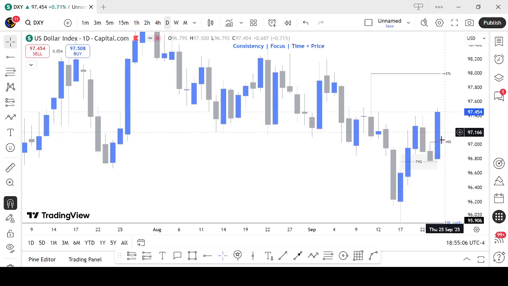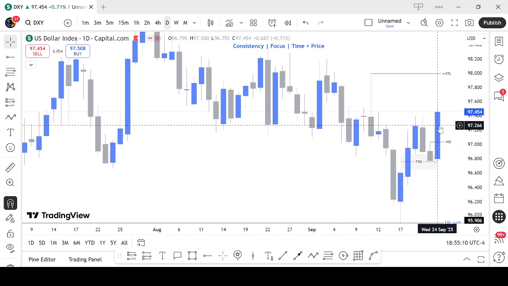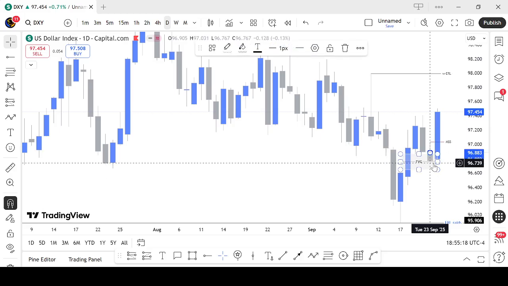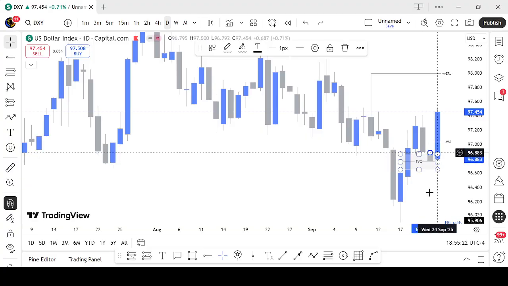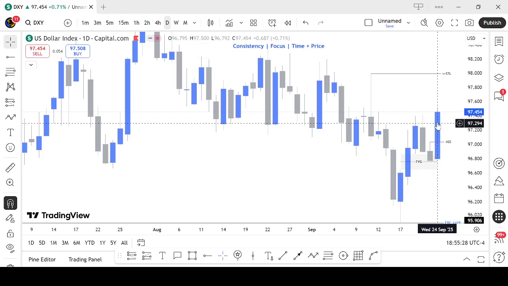As we have anticipated, the dollar index has created a very bullish candle. Despite that, we did not see a previous day sweep, right? We have been anticipating for the market to sweep this previous day low, but we did not see a previous daily low sweep, and the market delivered higher impulsively.